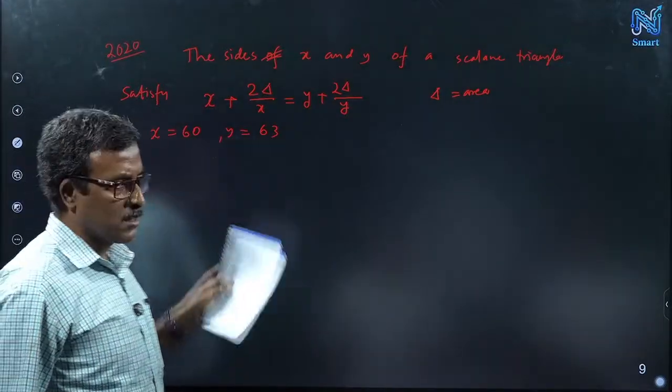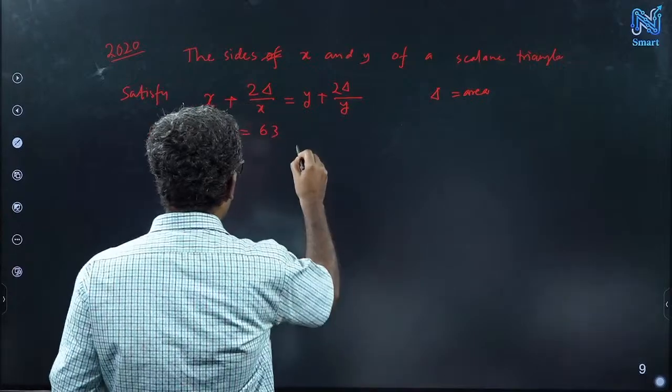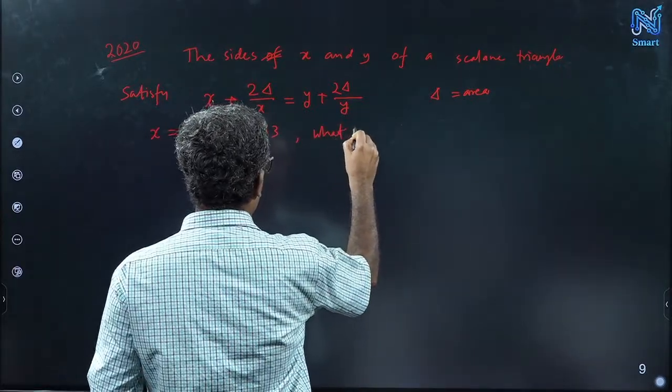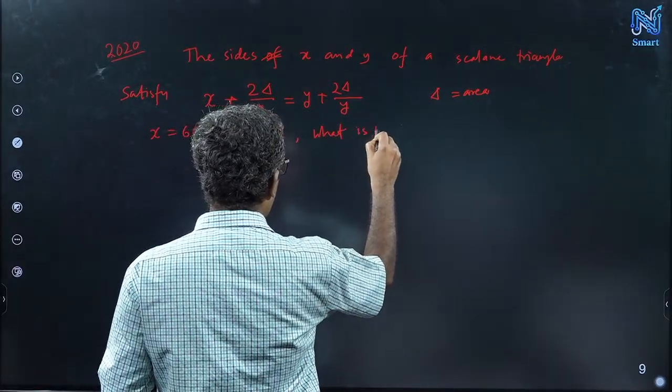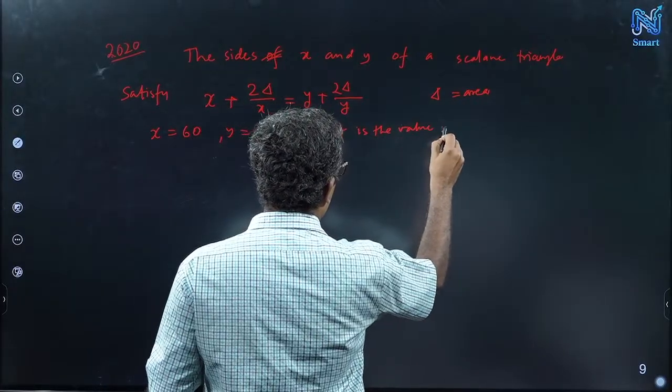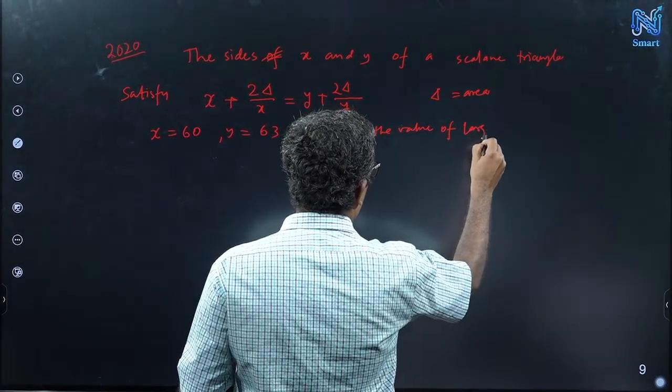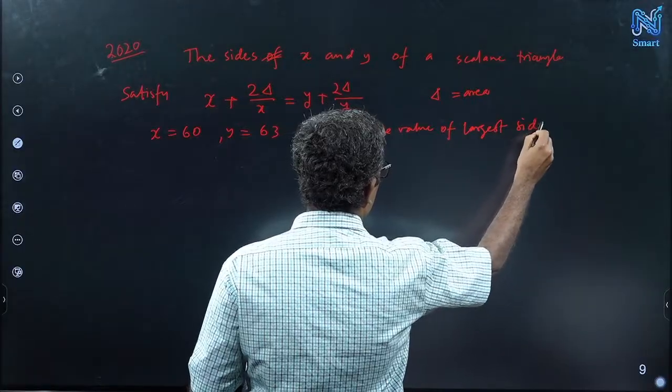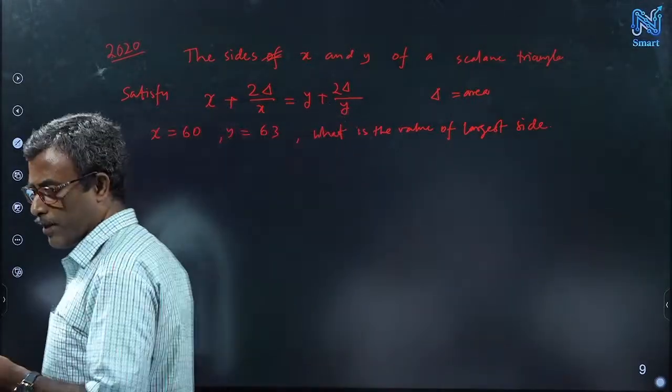So one side is 60, another side is 63, then what will be the largest side? What is the value of the largest side of the triangle?